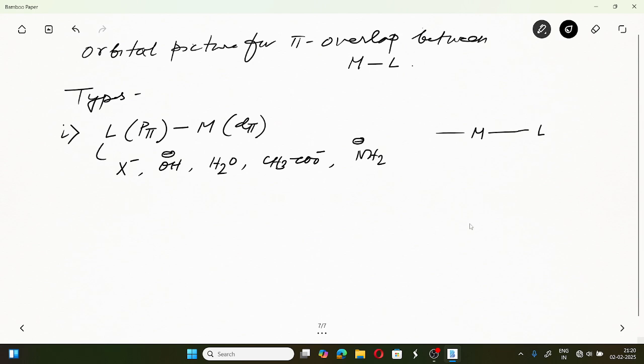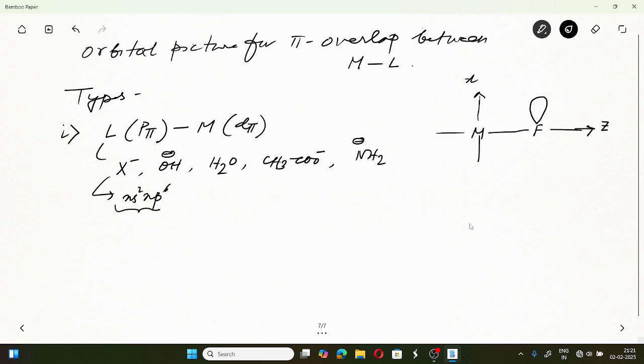Let us consider this donor center to be fluoride. Suppose this z axis is the bonding axis, and suppose this can be the x-axis or y-axis, let it be x. If we consider fluoride, you know that fluorine is 2s2 2p5, so fluoride is 2s2 2p6.